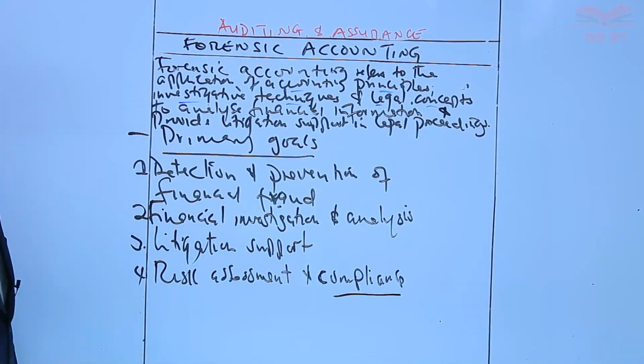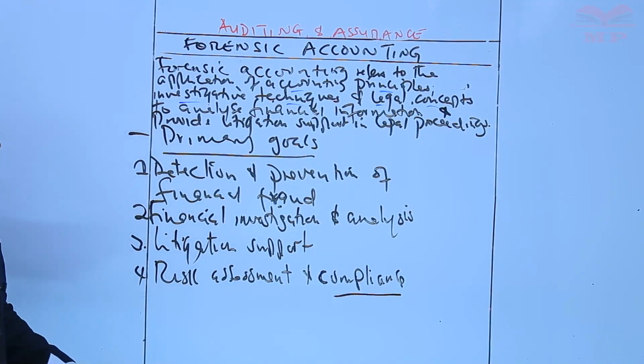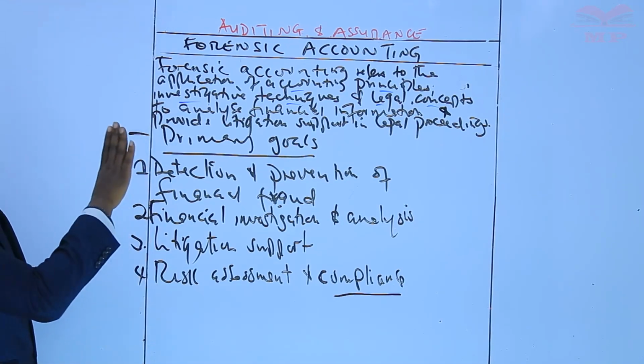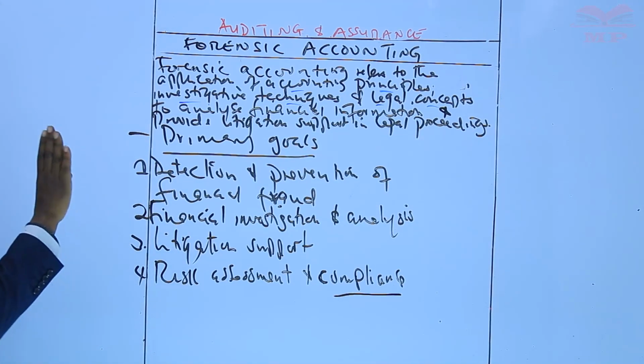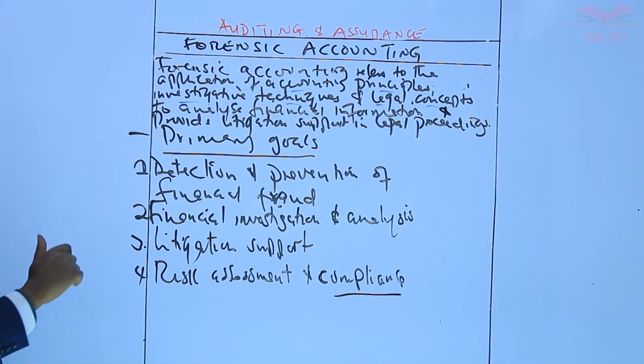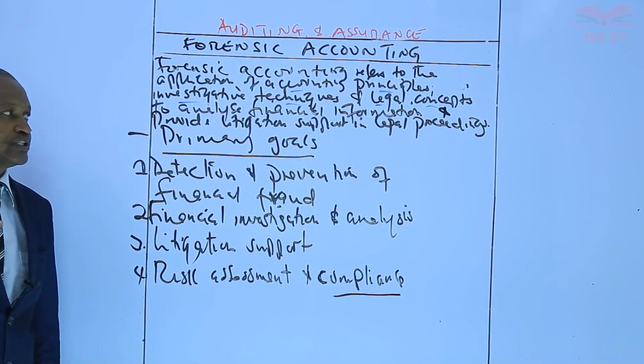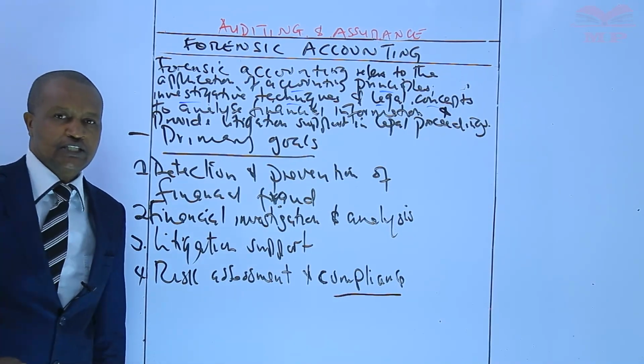So candidates, that is the meaning of forensic accounting. I've said it refers to the application of accounting principles, investigative techniques, and legal concepts to analyze financial information and provide litigation support in legal proceedings.